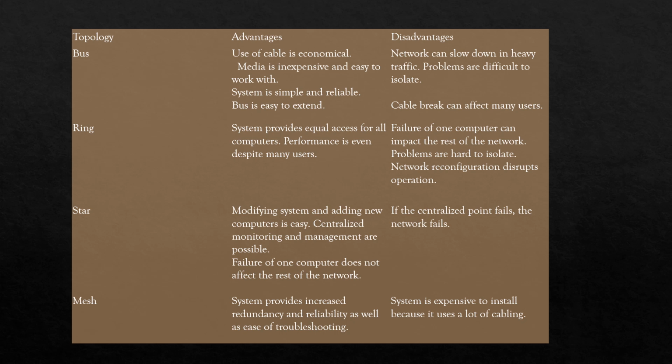So what are the advantages of mesh topology? It provides redundancy and reliability. No matter the number of failures, you are assured of delivery. And the disadvantage: the system is expensive to install because it requires lots and lots of cables.